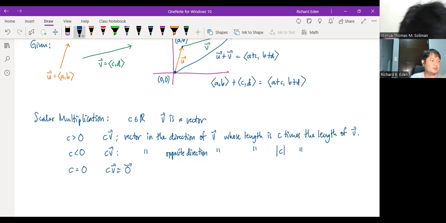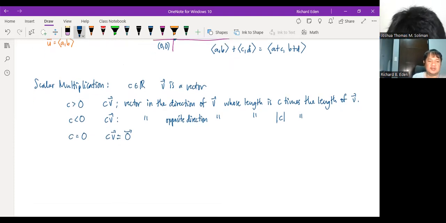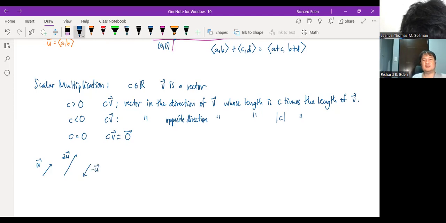All right, so for example, if this is the vector u, then the vector, oops, was that same direction? So this should be vector 2u, and then a vector -u would be, well, -1 times vector u.